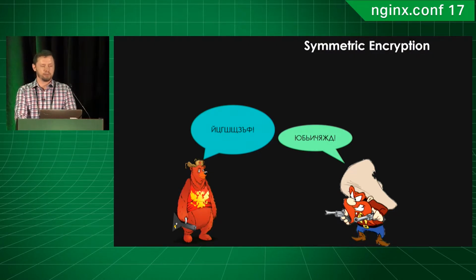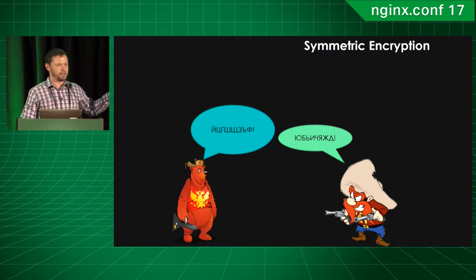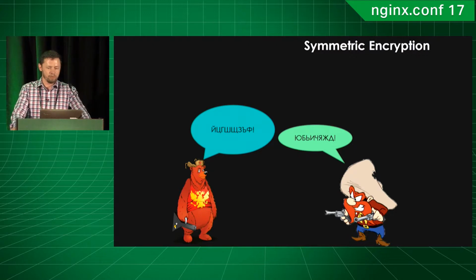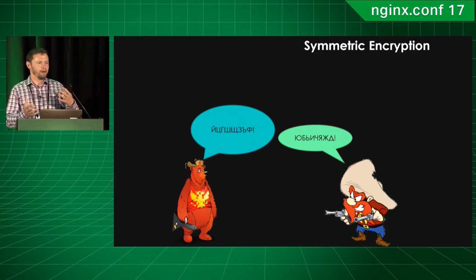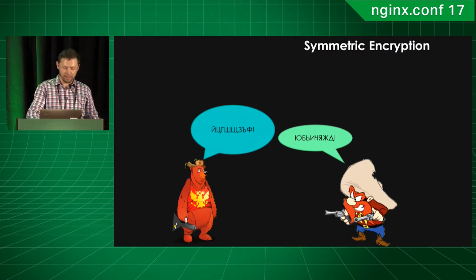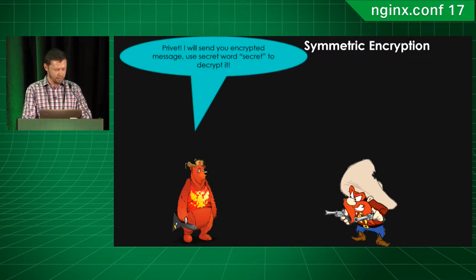In symmetric encryption, if you got the conversation in the middle, you can't really get what they are saying. But if you start listening to their conversation from the very beginning, before they establish the session, you will see some weird stuff.